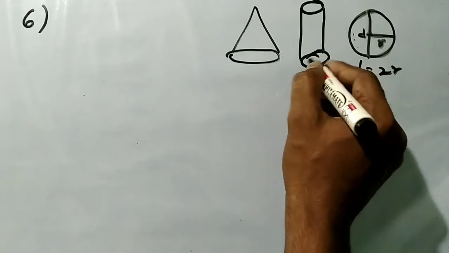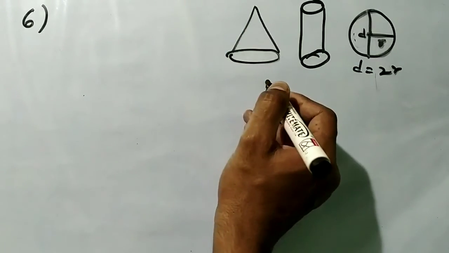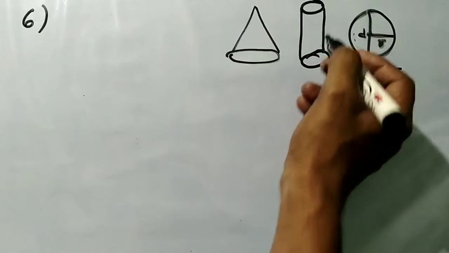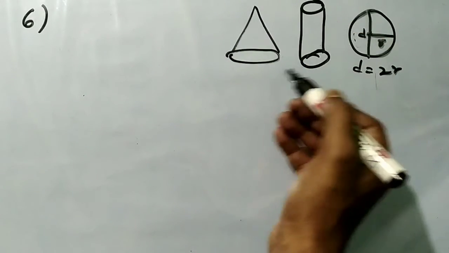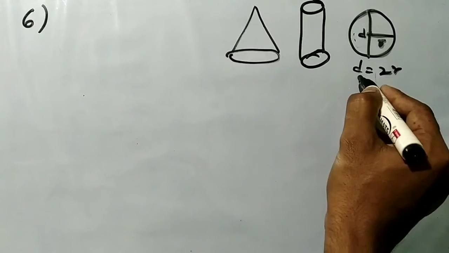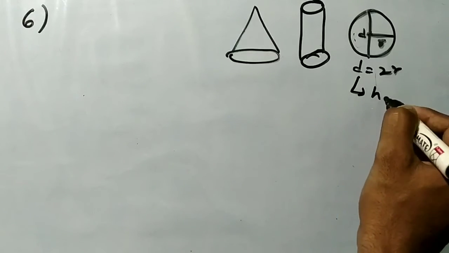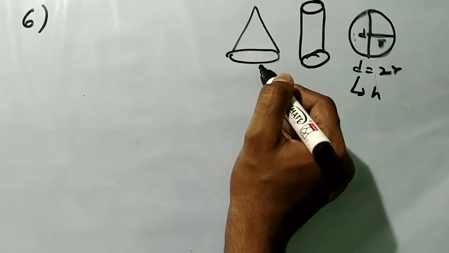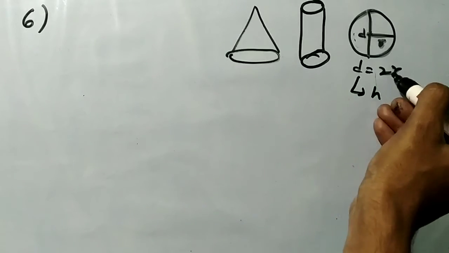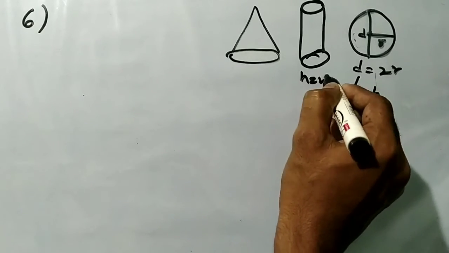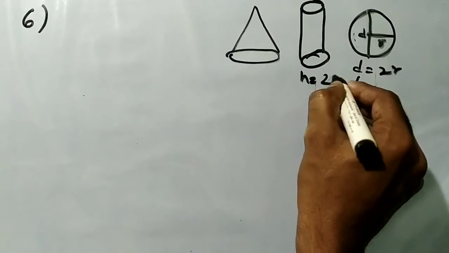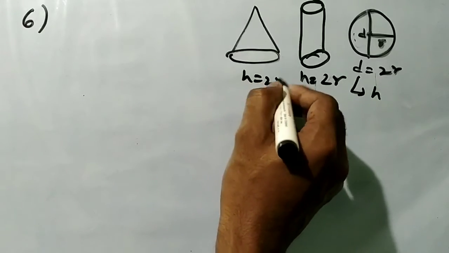Here also the height is equal to 2R, because they have given that the diameter is equal to the height of the cone and the cylinder. So indirectly H is equal to 2R here, here, and here.